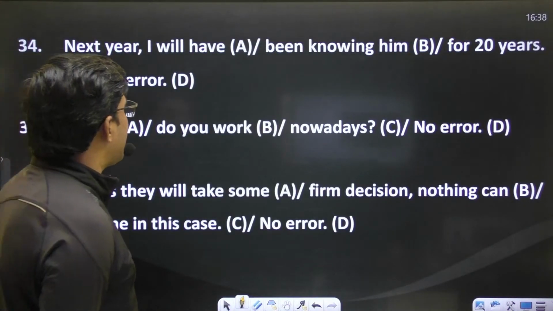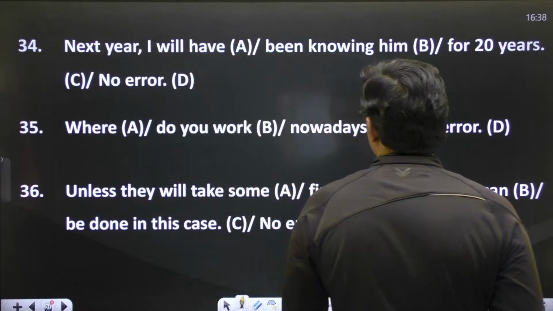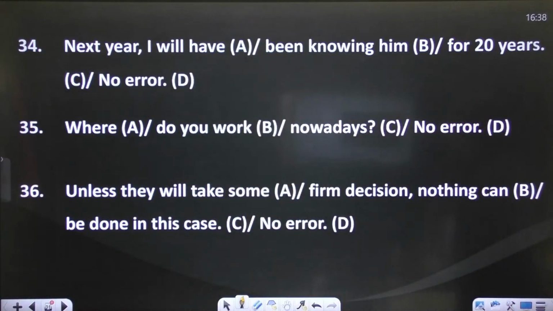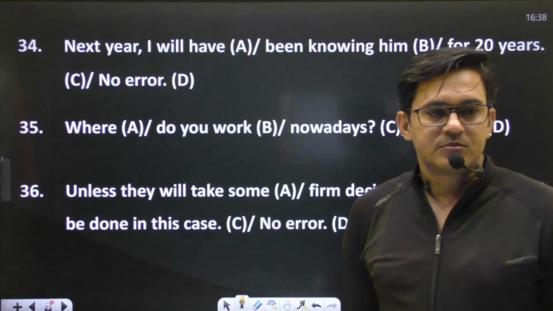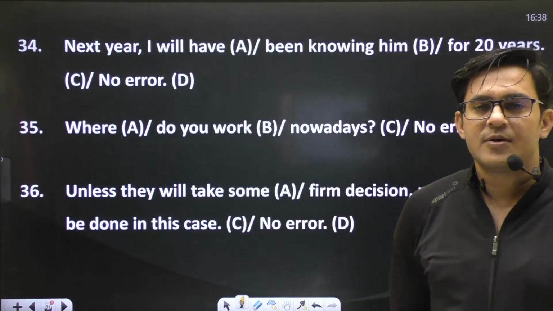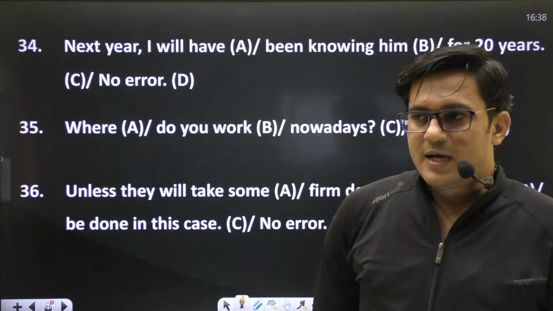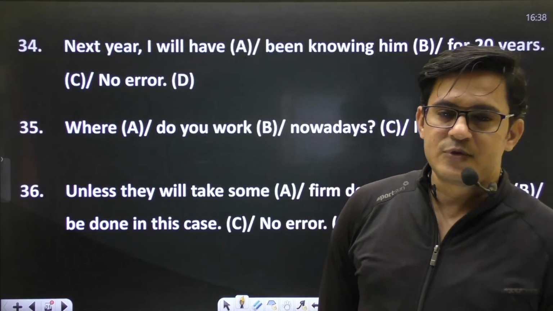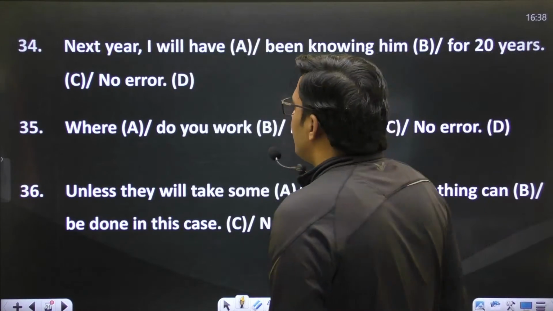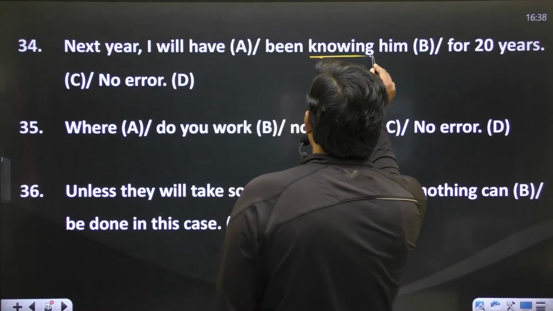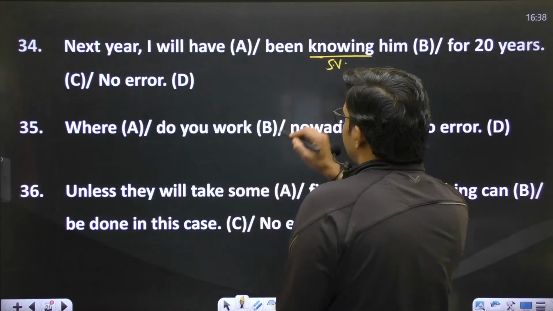Next year I will have been knowing him for 20 years. What do you think of this sentence? This is one of the most important concepts, and I think I have told it to you. We have some stative verbs. This verb know is a stative verb.